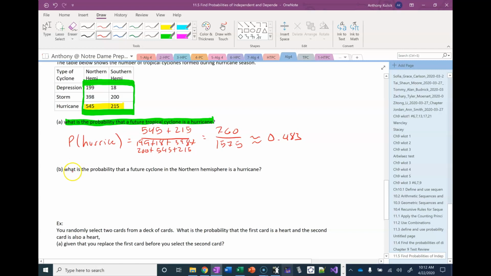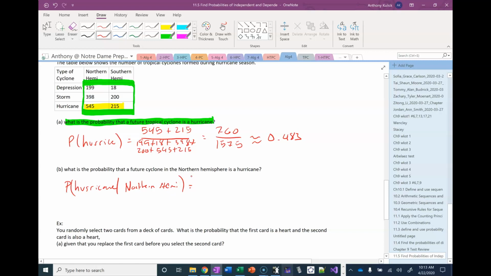In the next question, it asks, what is the probability that a future cyclone in North America or in the northern hemisphere is a hurricane? So this is a conditional probability. We want the probability that we're getting a hurricane given that we're in the northern hemisphere.